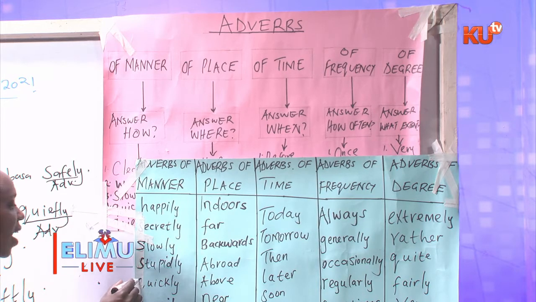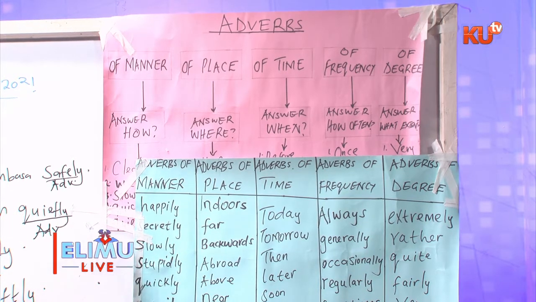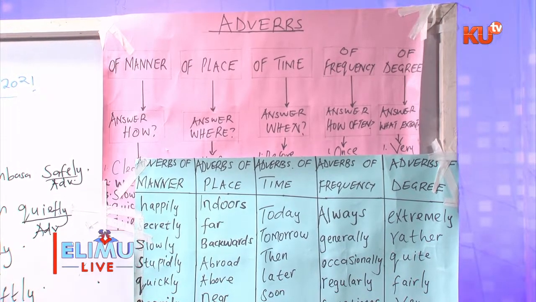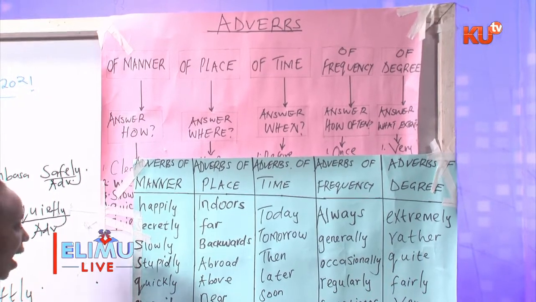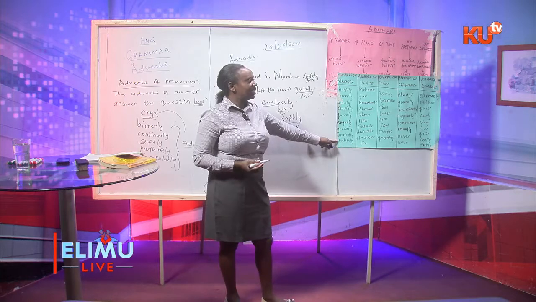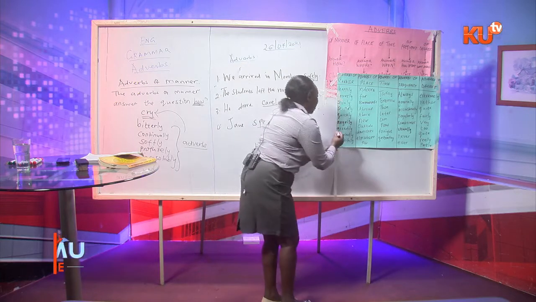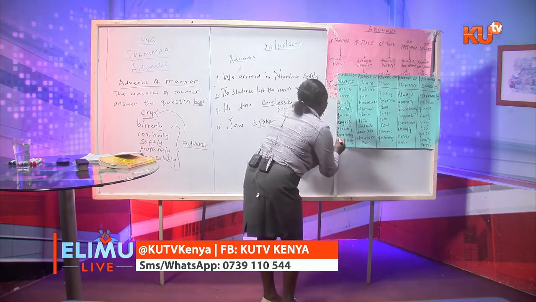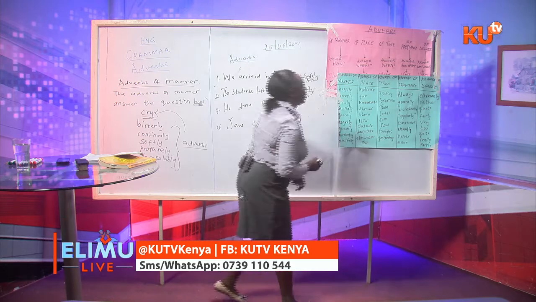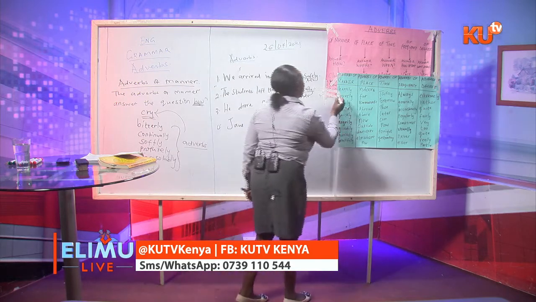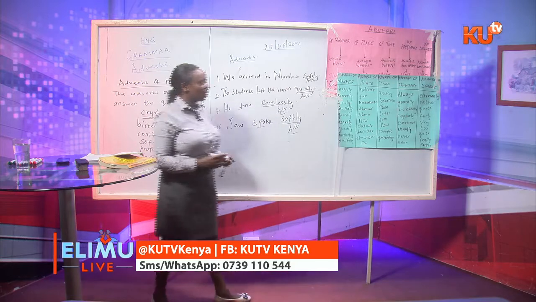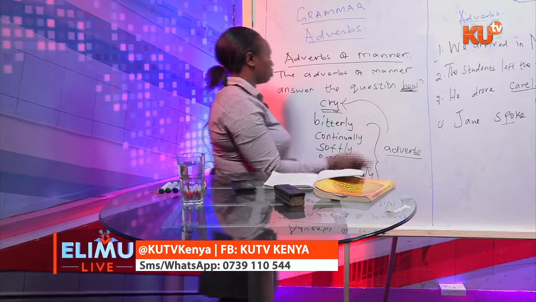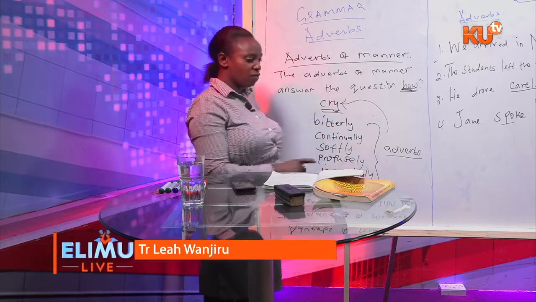We have the adverb quickly. We also have an adverb angrily. We also have the adverb greedily. We also have the adverb hurriedly. We also have the adverb beautifully. Therefore, you can use those words and construct your own sentences to check whether you have grasped the adverbs of manner.